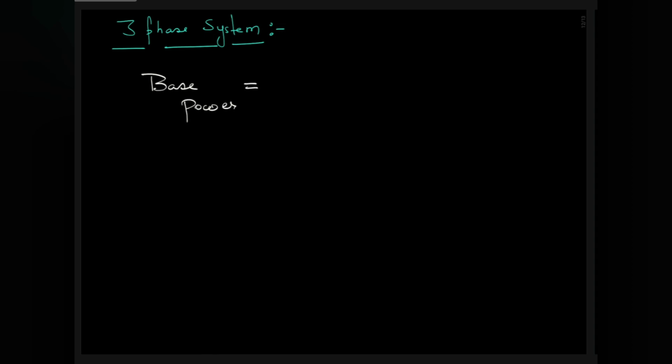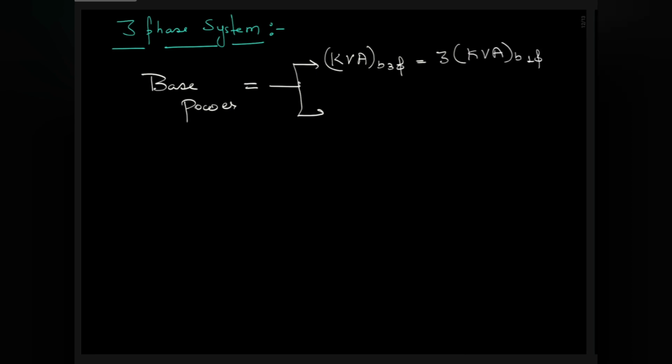Okay, so kVA base for 3 phase will be equal to 3 into kVA base of single phase, or we write MVA base of 3 phase is equal to 3 into MVA base of single phase.